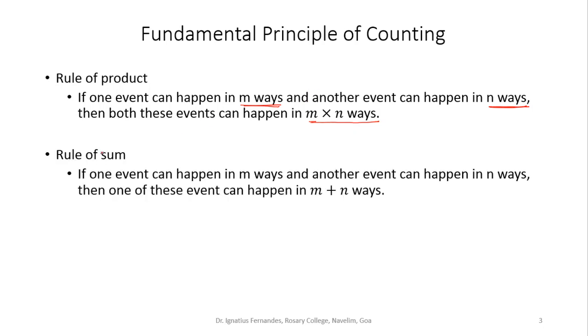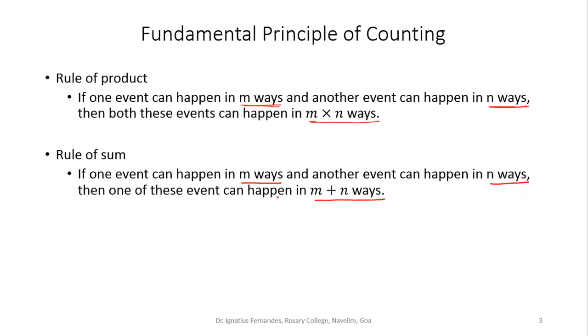In the same way, we have the rule of sum. If one event can happen in m ways and another event can happen in n ways, then one of these events can happen in m plus n ways. So in the rule of product, we are talking about both the events happening simultaneously.